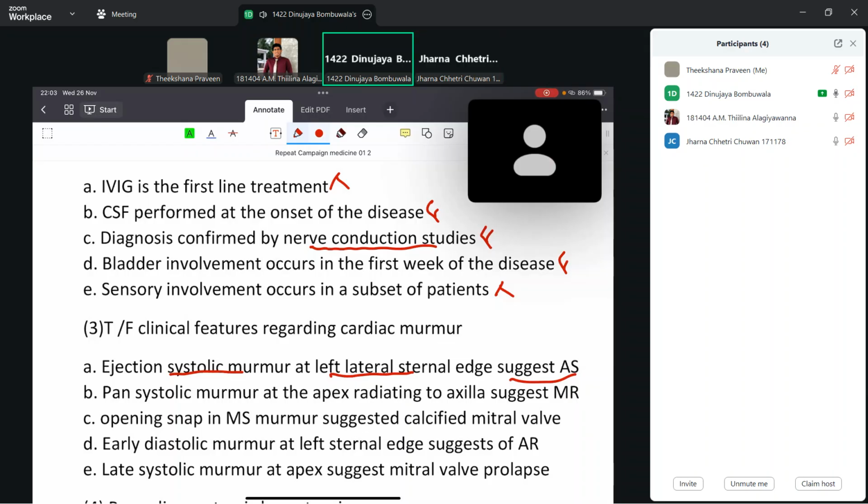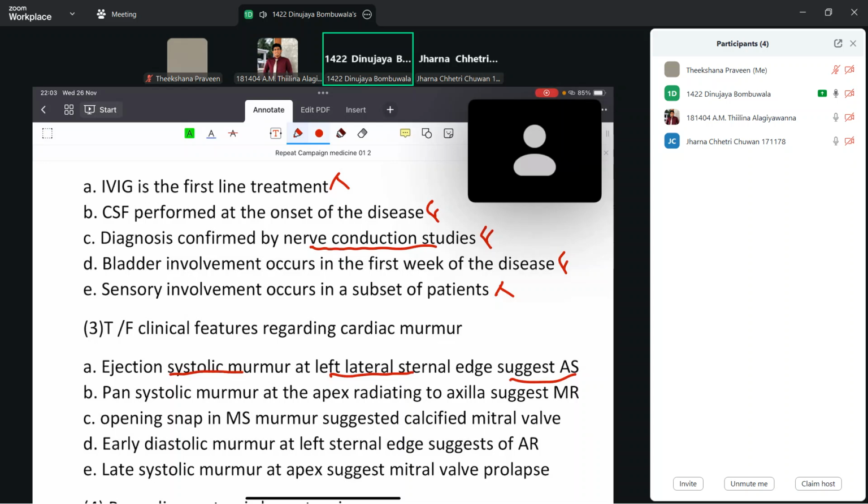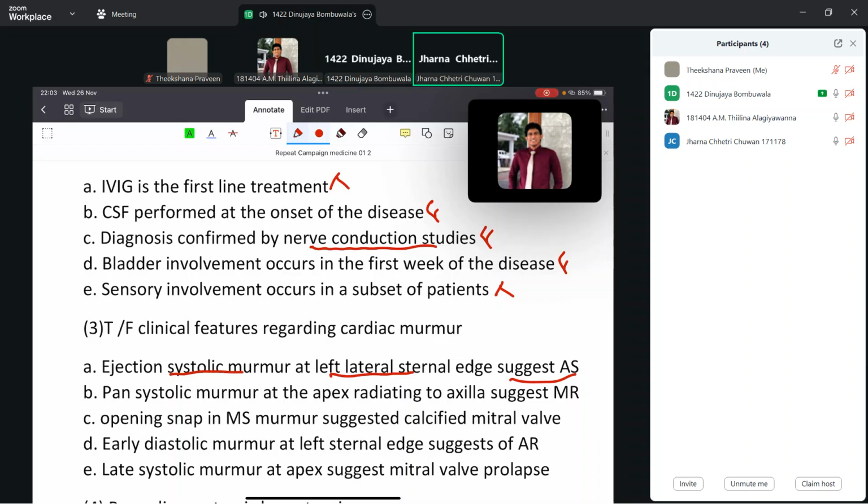Opening snap in an MS murmur suggests a calcified mitral valve. False. Early diastolic murmur at the left sternal edge suggests AR. True. Late systolic murmur at the apex suggests mitral valve prolapse. Not sure.